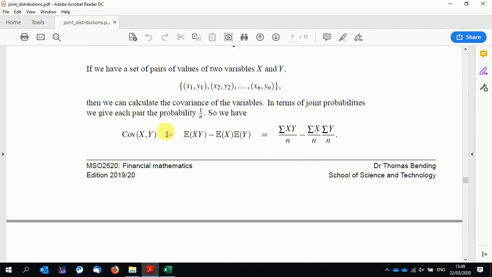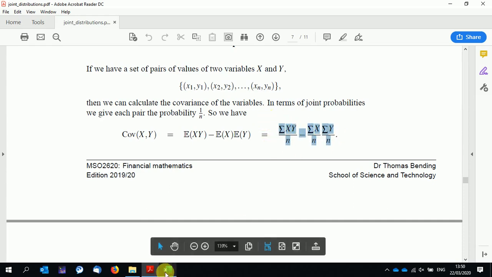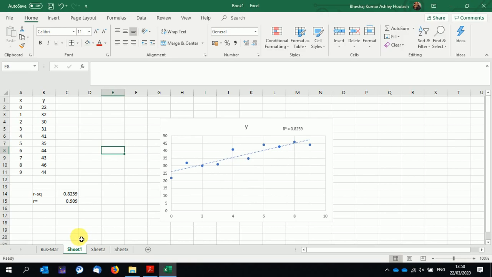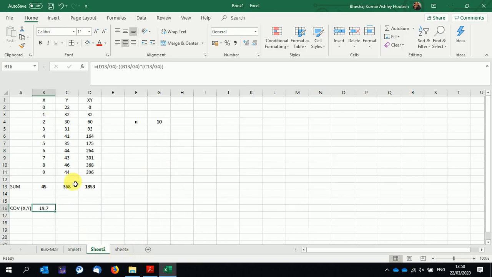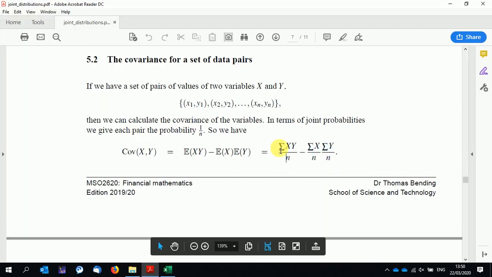And if you want to find these three terms, this is how you're going to get them. So expectation of x and y can be the sum of x times y divided by n, and so on and so forth. I've done it here, and you can practice this as well with pen and paper. So x, y, x times y, and I need the sum of each. I need n equal to 10 because I want to use this formula instead.